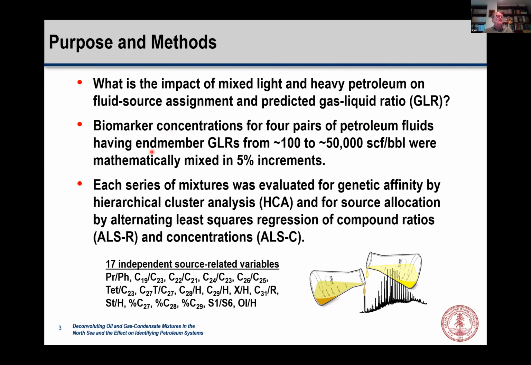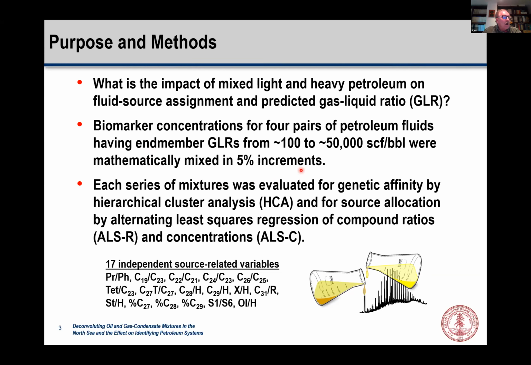And these pairs of mixtures had GLRs, gas-liquid ratios, ranging from 100 to about 50,000 standard cubic feet per barrel. The cutoff there is about 3,000 standard cubic feet per barrel. Below 3,000, we're talking about black oil. And to make it simple, above that, we're going to be talking about gas condensate. And we mixed those mathematically in 5% increments.